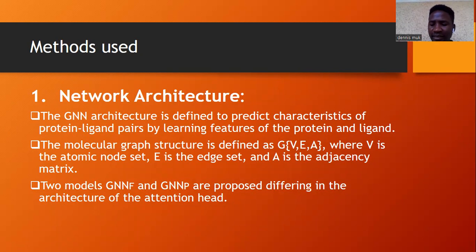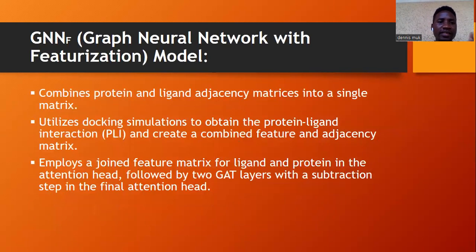which I'm discussing down, starting with the GNNF, which is a graph neural network with featureization as a model. Here they combine protein and ligand adjacency matrices into a single matrix. This utilizes docking simulations to obtain the protein ligand interactions, which are PLIs, to create combined features and adjacency matrix.